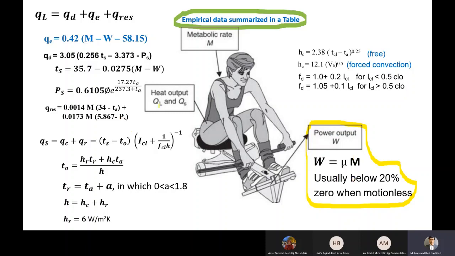Then we have energy loss due to latent heat, which comprises three parts, QL, QS, and we also have the storage S. You calculate them one by one. Up to this point, there is a slight difference in the equation from the previous one.